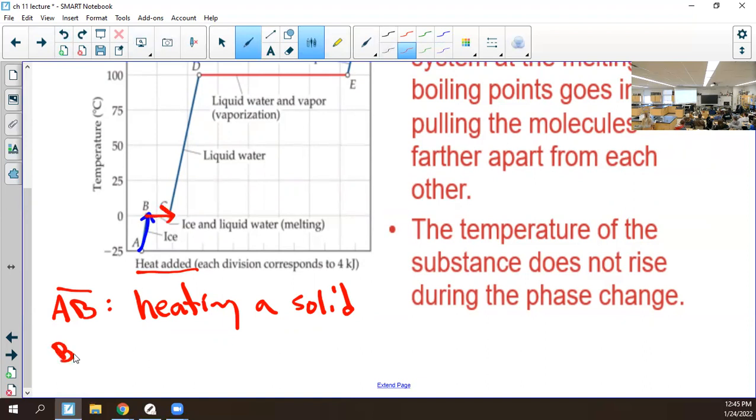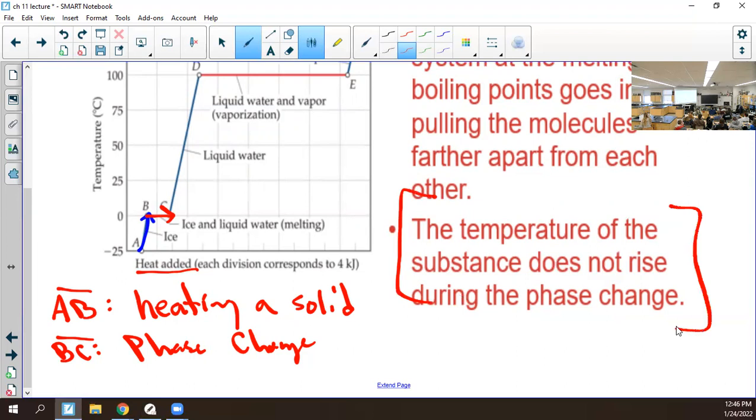So how do we understand or explain what's happening in BC? Phase change. And we know now that during phase change, the temperature of the substance does not rise. Because we're still putting energy in. That's what's mind-boggling about this.